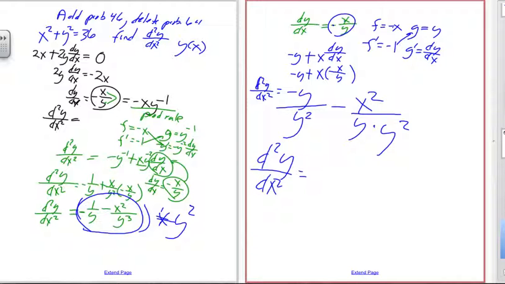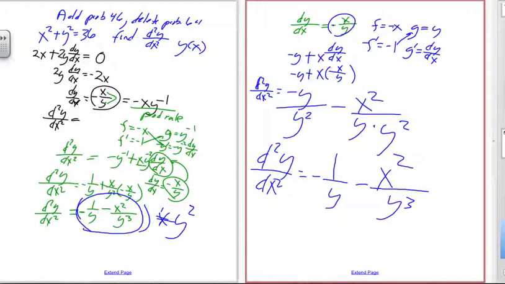And that will give me -1 over y, I'm going to simplify that, minus x squared over y cubed. And we get the same idea that we did. Which one to use? It's a wash on this one. It doesn't really particularly matter whether you use product or quotient rule.